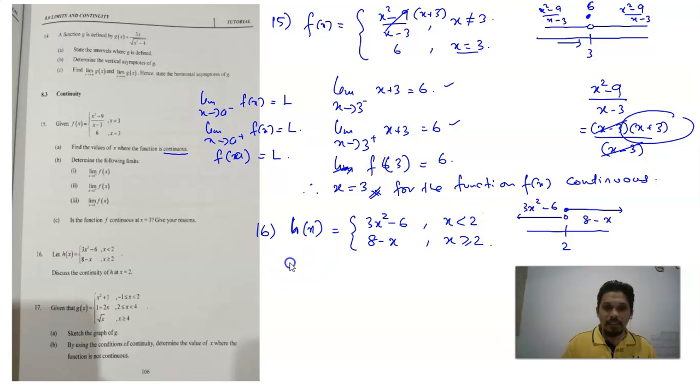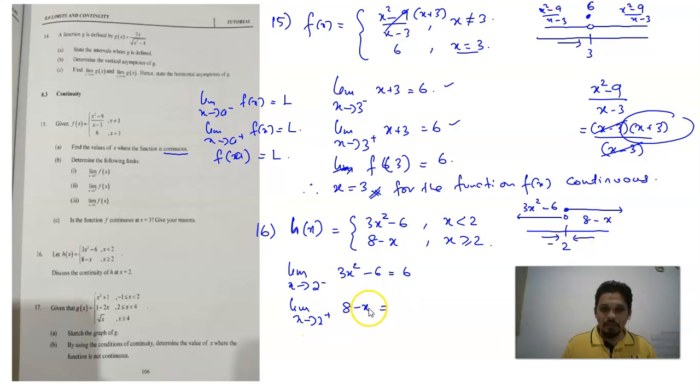So for the limit as x approaches 2 from the left, that is for 3x squared minus 6. Substitute x with 2: 2 squared equals 4, 4 times 3 equals 12, 12 minus 6 equals 6. Then the limit as x approaches 2 from the right is for the function 8 minus x.